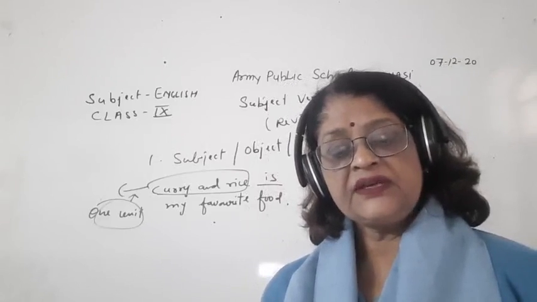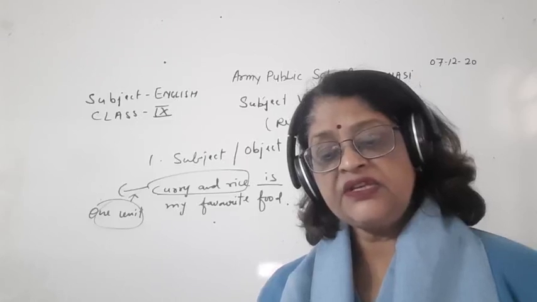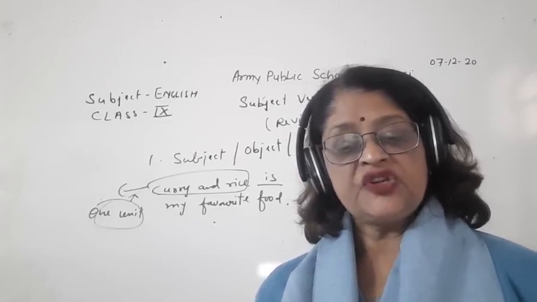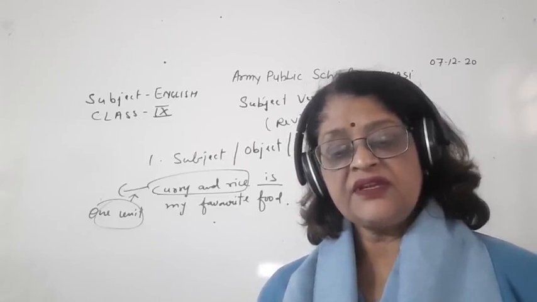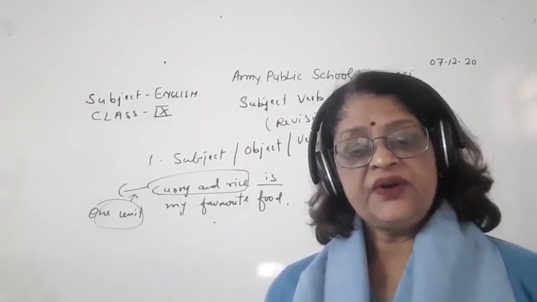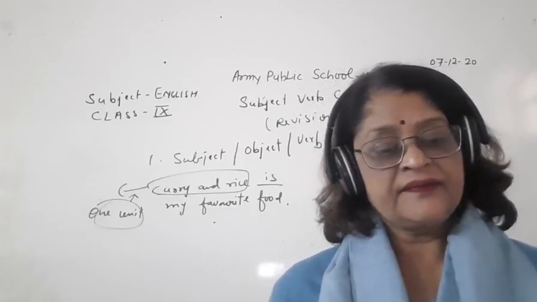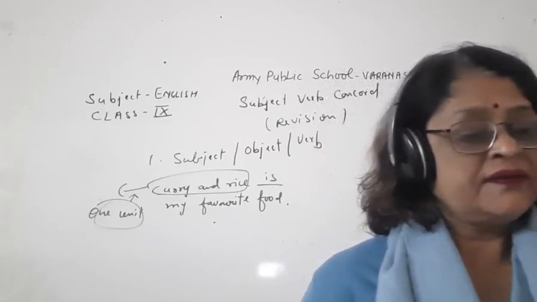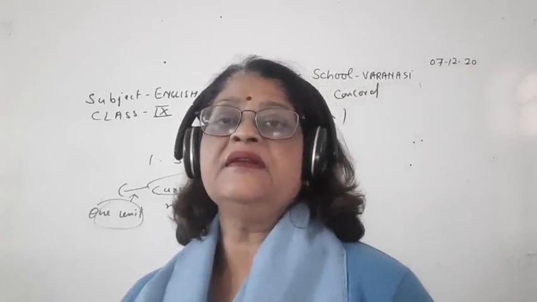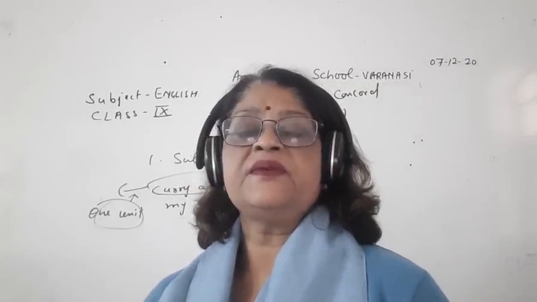Now, when a singular subject is qualified by each or every. This is another rule, children. When each or every is before a singular subject, then the verb must be singular.